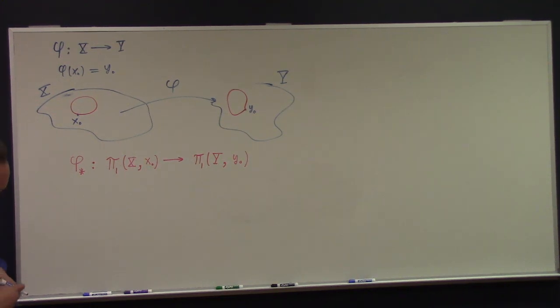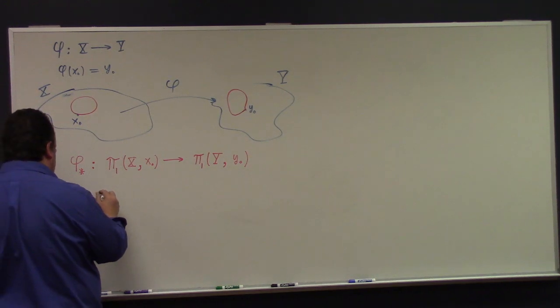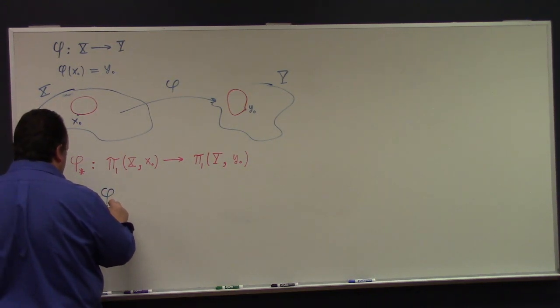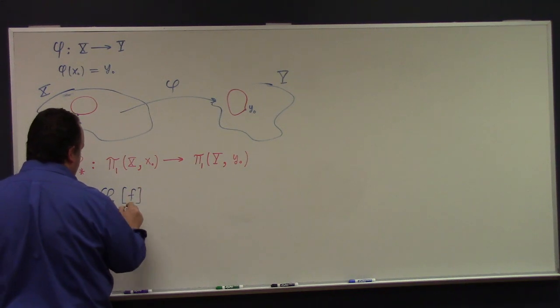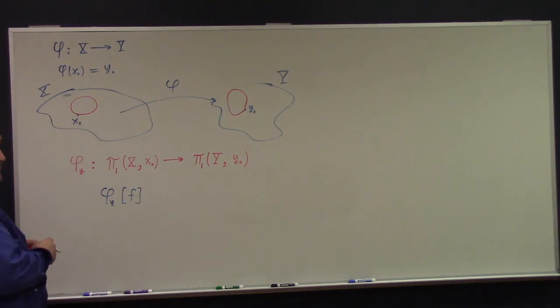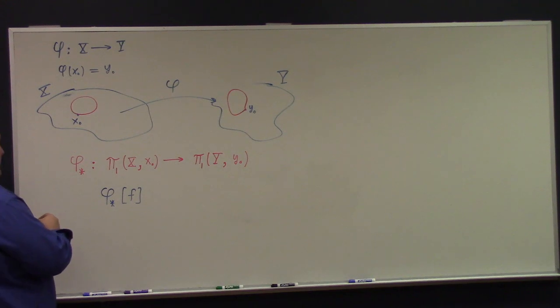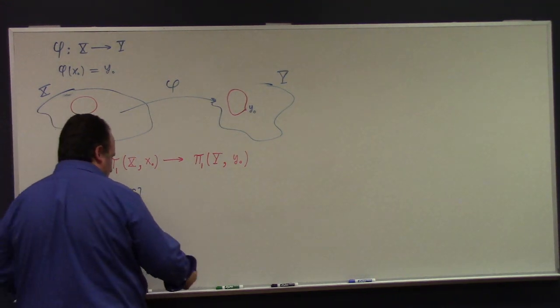And the definition is just this. So you do phi star of a loop here, all right? What is a loop? A loop is a path.